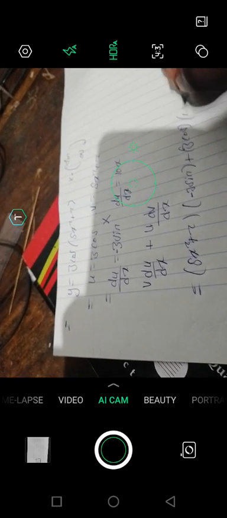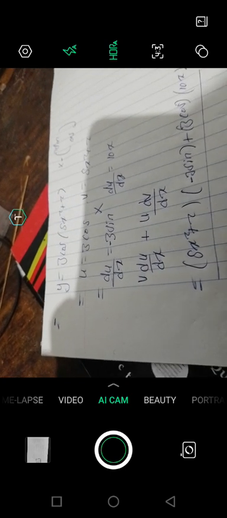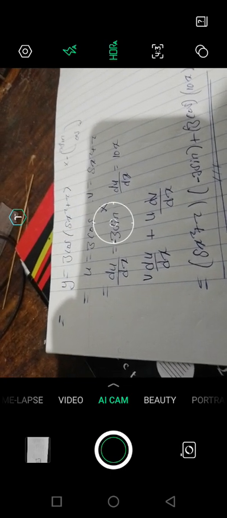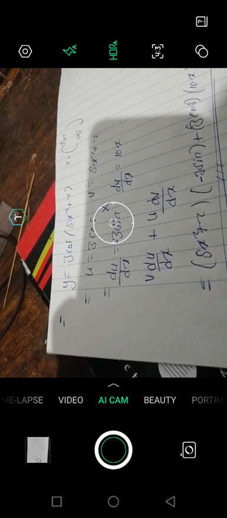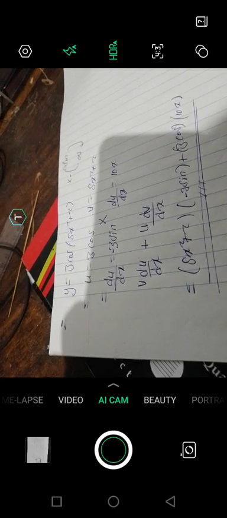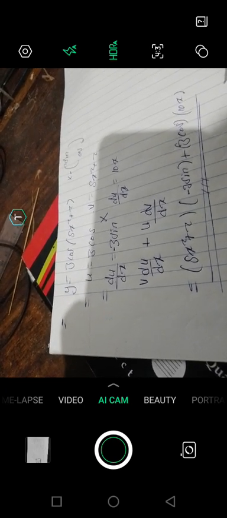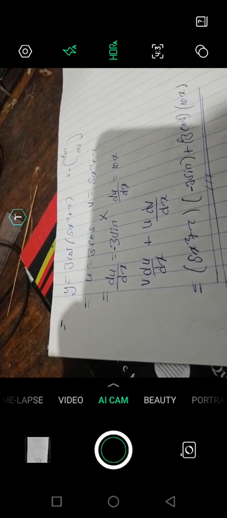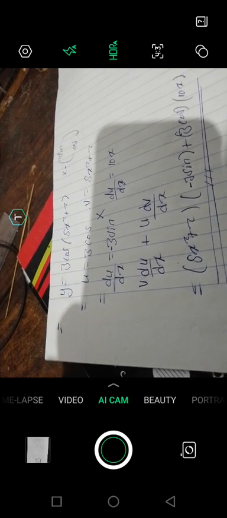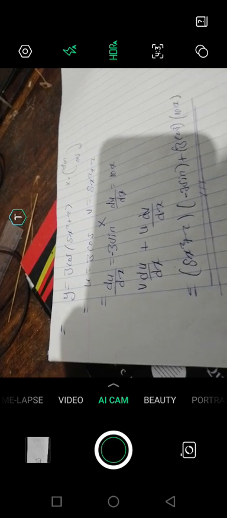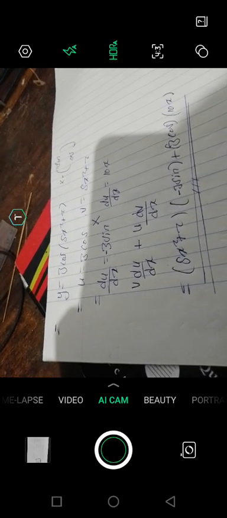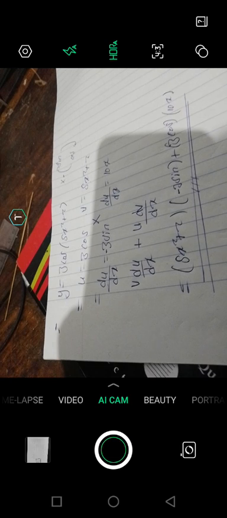That is 10x. You can end here, no problem. Regardless of the position, you can start with u dv over dx or v du over dx, no problem. For this video, we end here to allow more room for understanding.